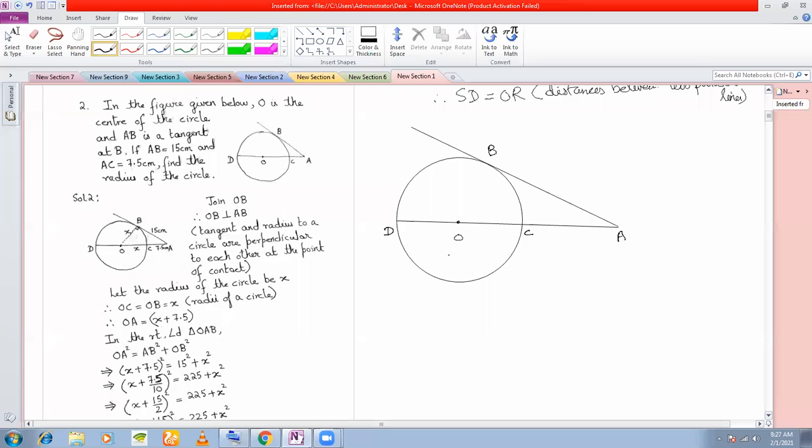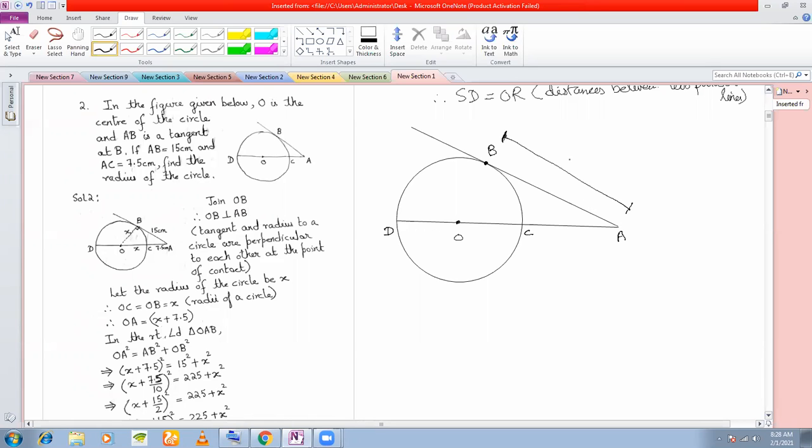Now in this figure, it is given that O is the center of the circle. AB is a tangent. You can see that AB, this length here, B being the point of contact. This length from B to A is your tangent, the length of the tangent. So AB is a tangent at B.